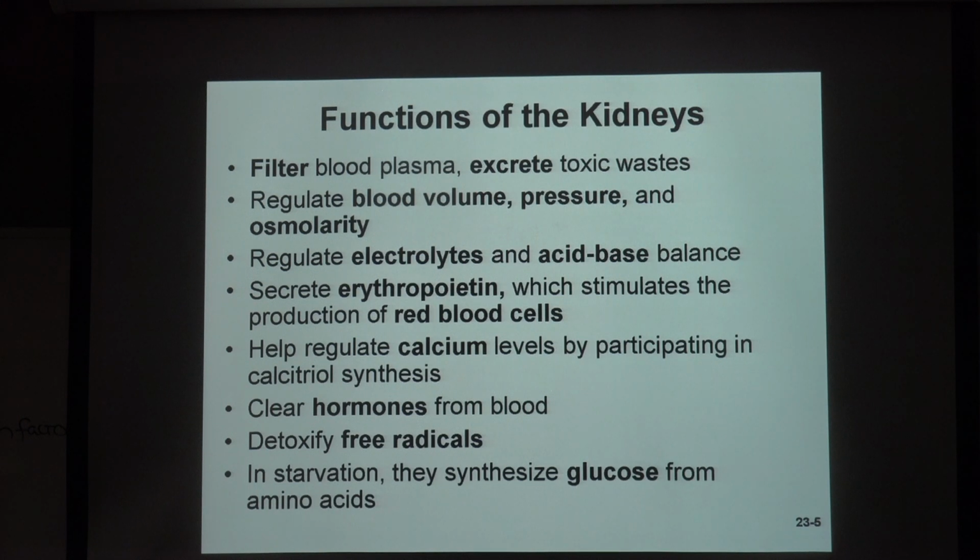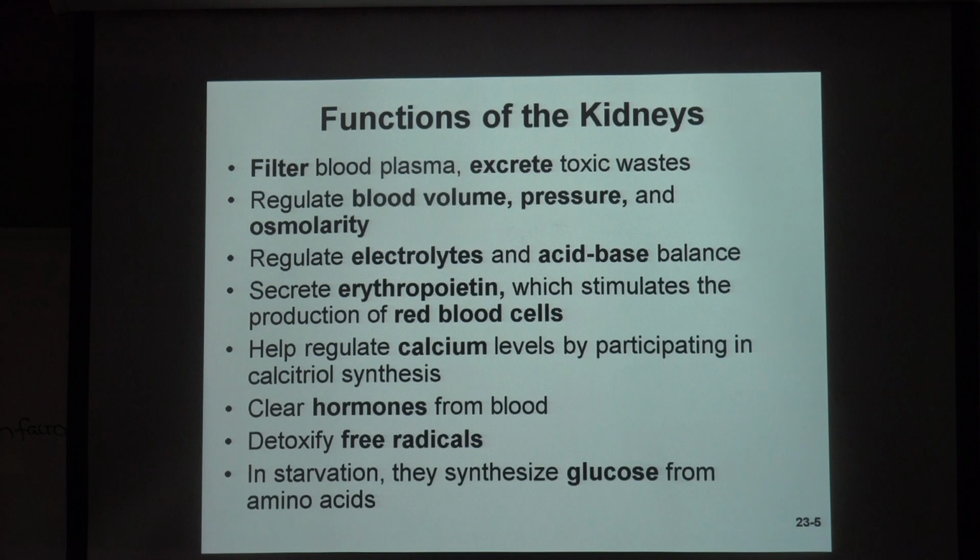Okay, so remember, 45% of our whole blood component is red blood cells, 1% is that white blood cell or buffy coat, and approximately 55% of that whole solution is plasma. It's the water-based component.